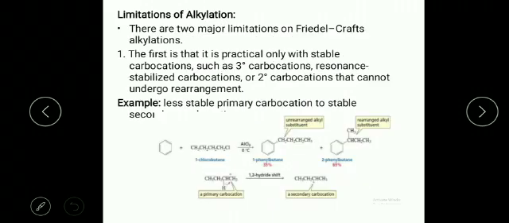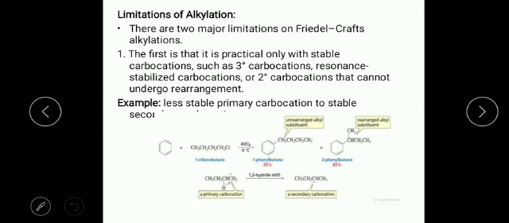Alkylation has some limitations, and it is in your syllabus, so please remember the limitations of the Friedel-Crafts alkylation. It has two major limitations. First, Friedel-Crafts alkylation is always possible with stable carbocations. So what is a stable carbocation?